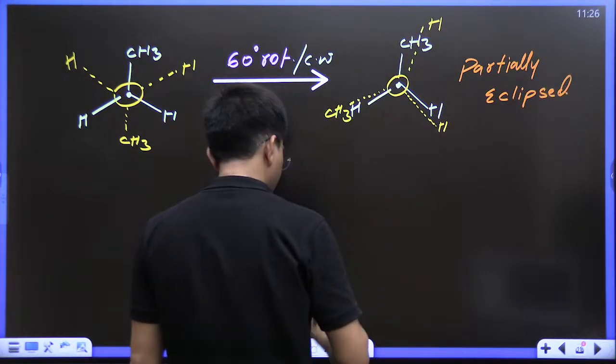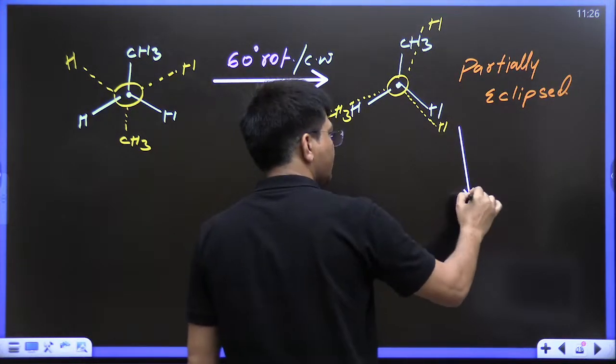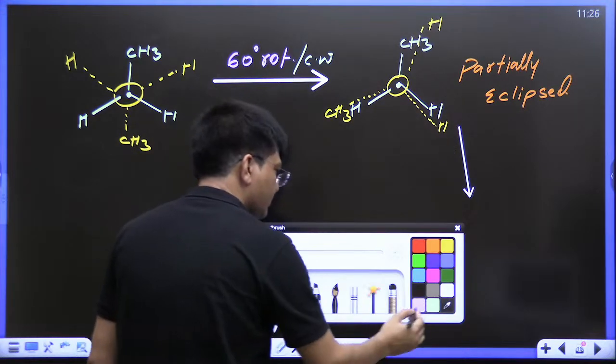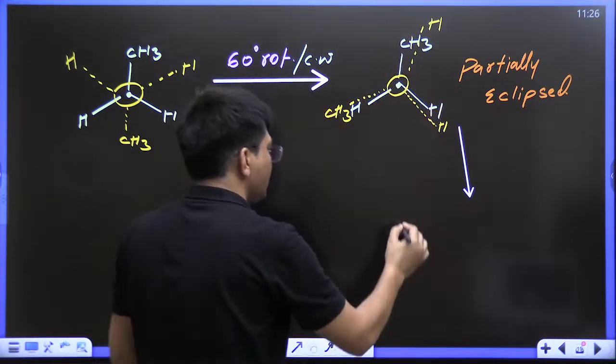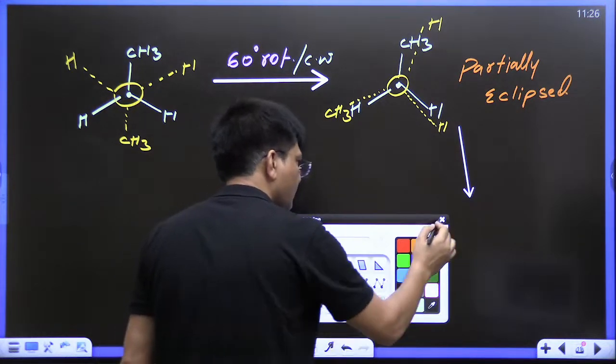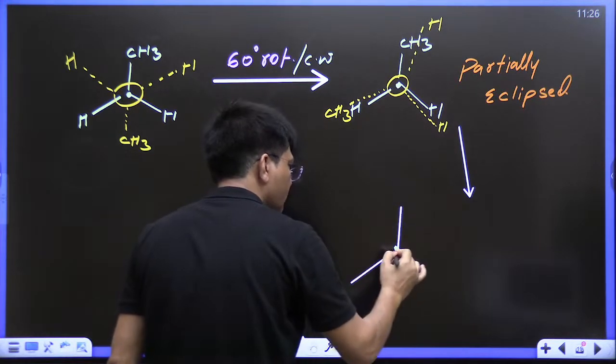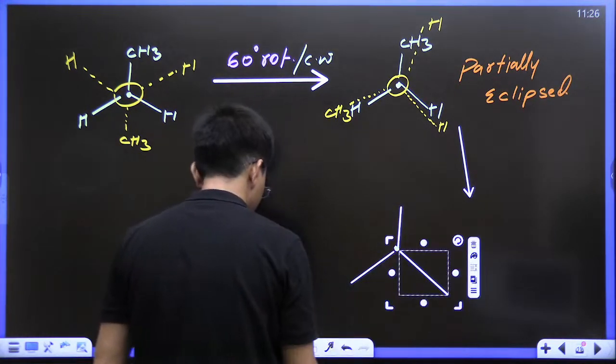Now, once again, a 60-degree rotation, kids. Let's keep the front carbon like this only. This is methyl, hydrogen, hydrogen.